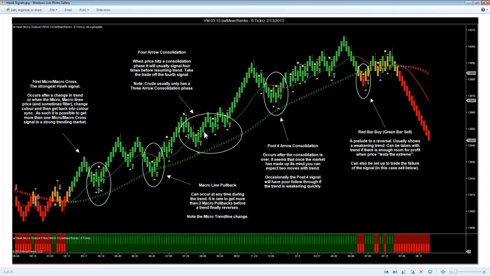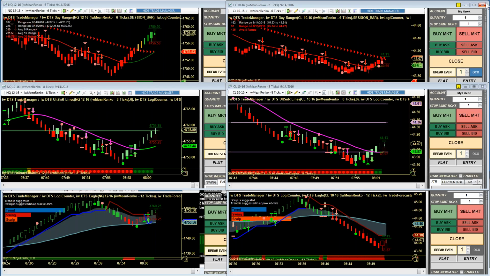So you can see, really quite simple. These are the ones that have the highest probability of success. You can see there's other signals that are printing around here, but these are the ones that we focus on, those 5. And of course, there's a daily trading room for DTS owners as well, where we go over all this sort of stuff.